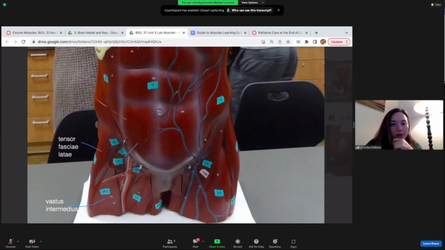So iliopsoas, pectineus, and this is adductor longus. So this is I, iliopsoas, P, pectineus, A, adductor longus. And then in the middle, gracilis, right? Because it's that muscle that goes down the center.